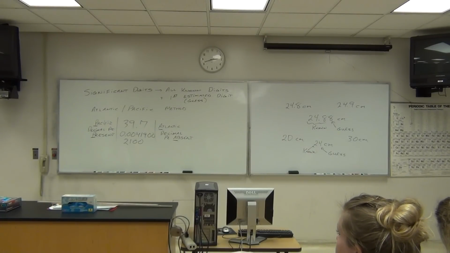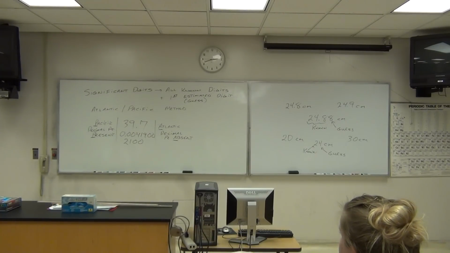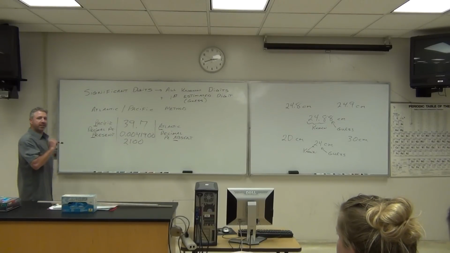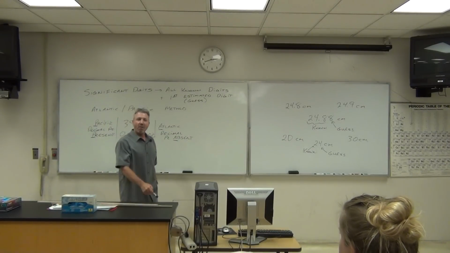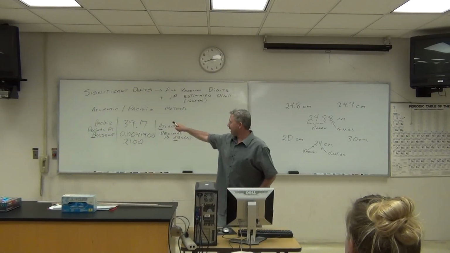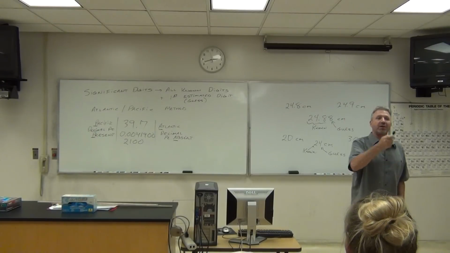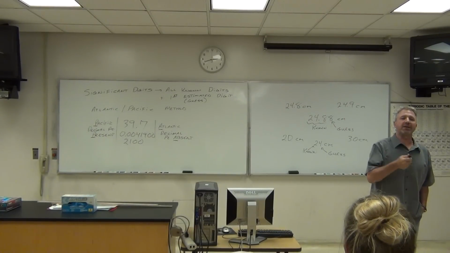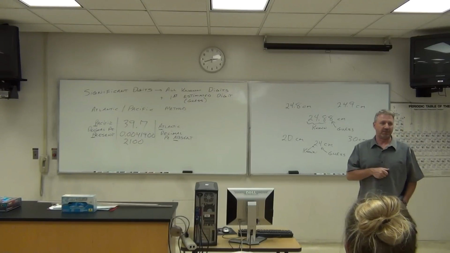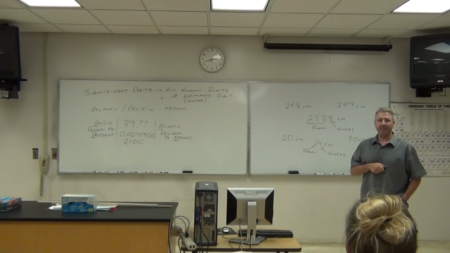Okay? It's a quick, easy method for determining how many significant digits a particular number has. But that's the only question it can answer. The only thing that the Atlantic and Pacific method is good for is to answer how many significant digits in this number. Okay?